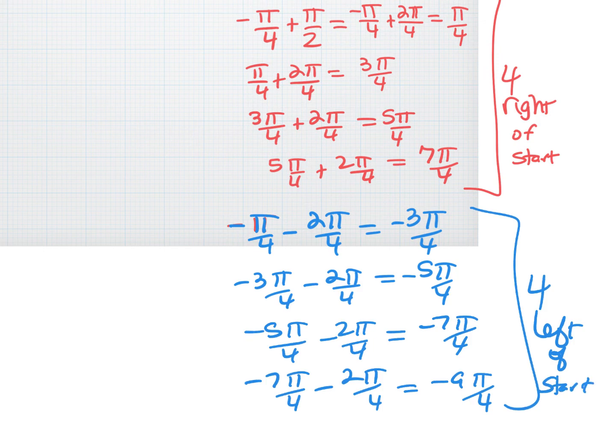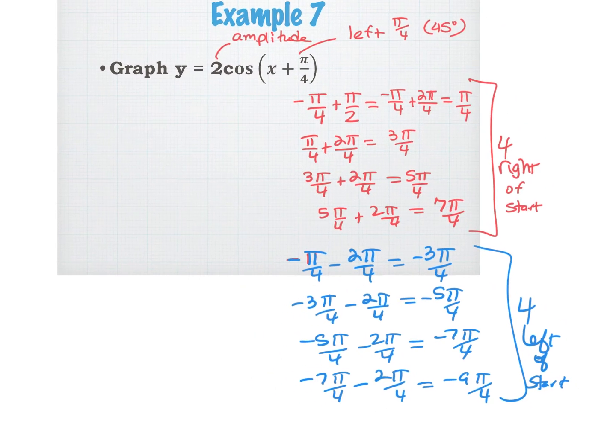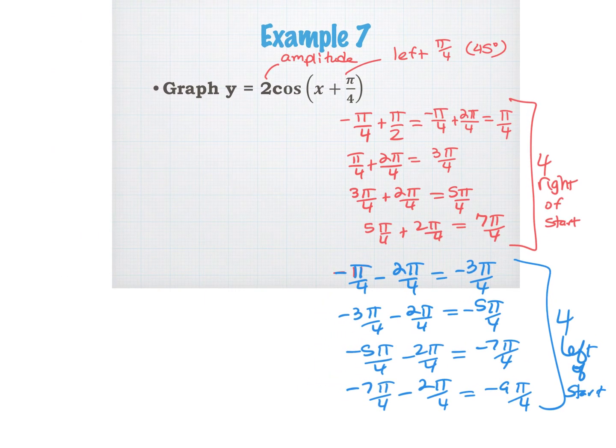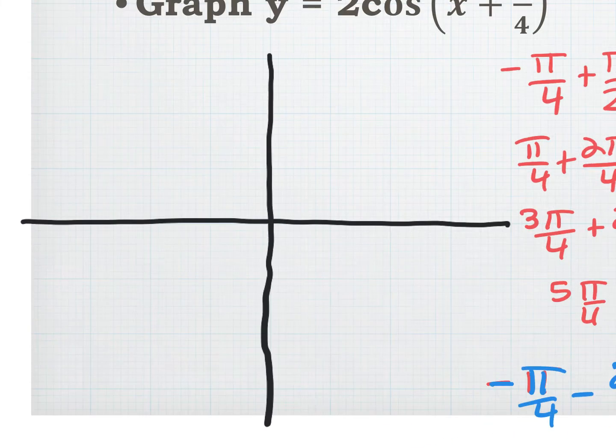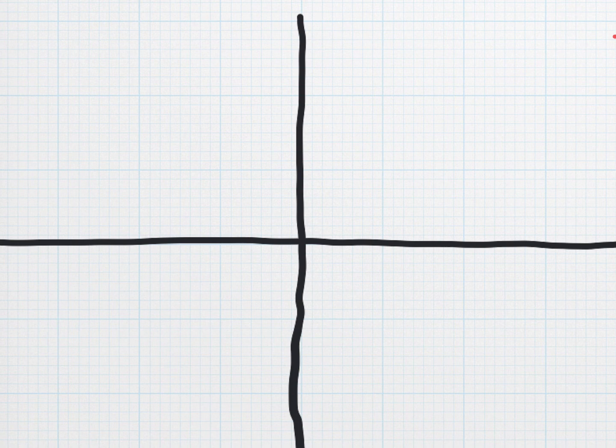So let's go ahead and label your coordinate plane here with these ordered pairs. Right here is pi over 4, 45 degrees. So if I do 2 boxes for that, I could do 4 boxes, 1, 2, 3, 4, to represent 90, and then 3 pi over 4.